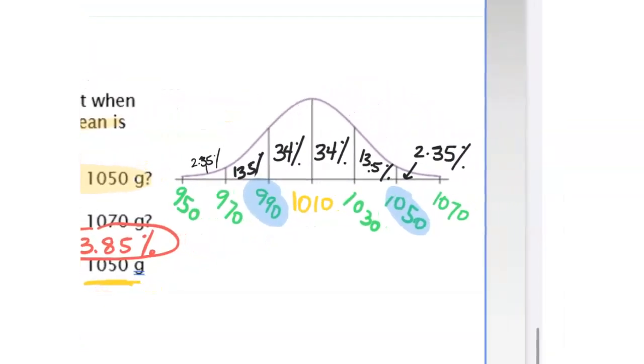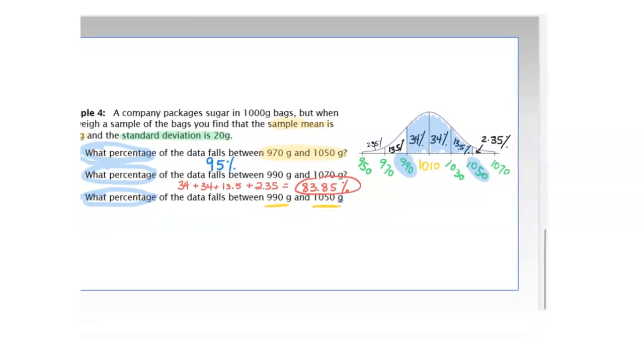If we highlight that particular interval, we have 34%, another 34%, and 13.5%. Okay, so then if we were to go ahead and add 34% plus 34% plus 13.5%, we'd end up with 81.5%, which is our answer for this problem.